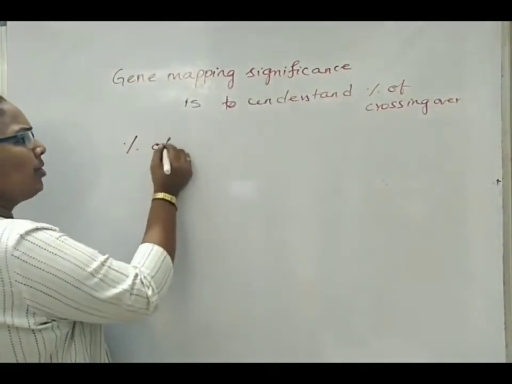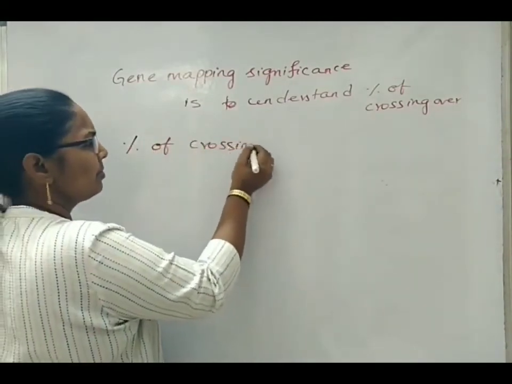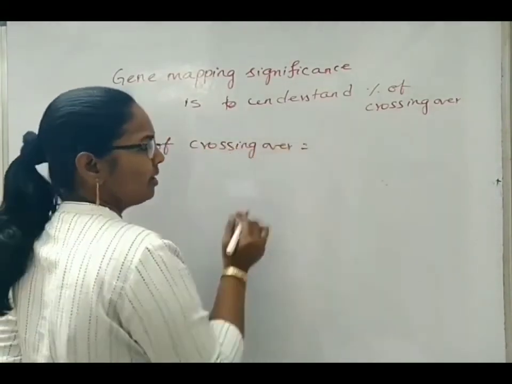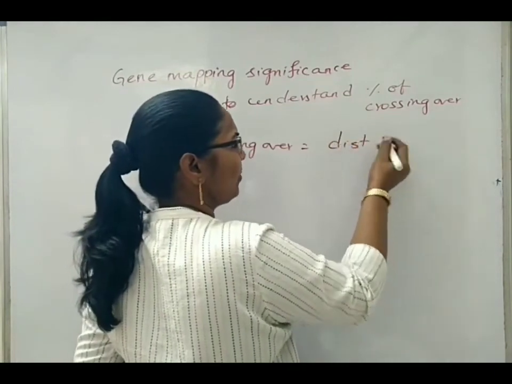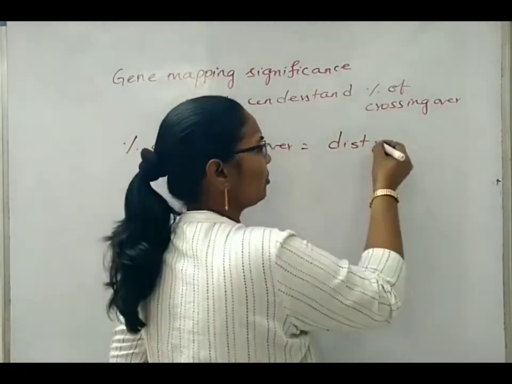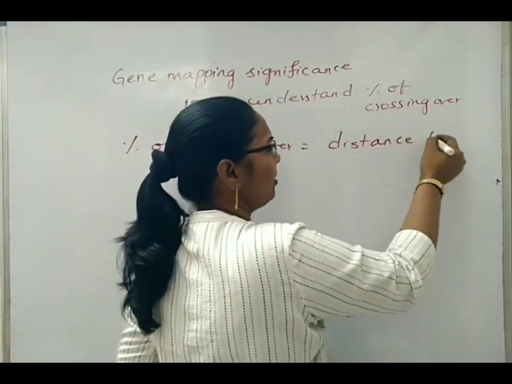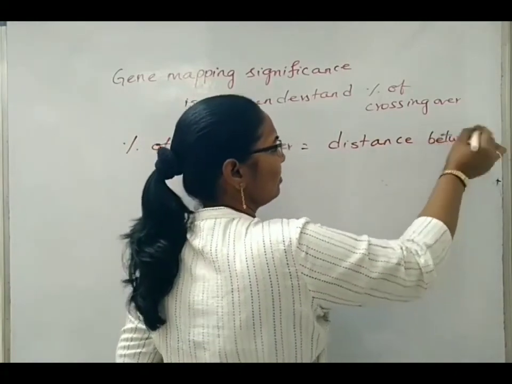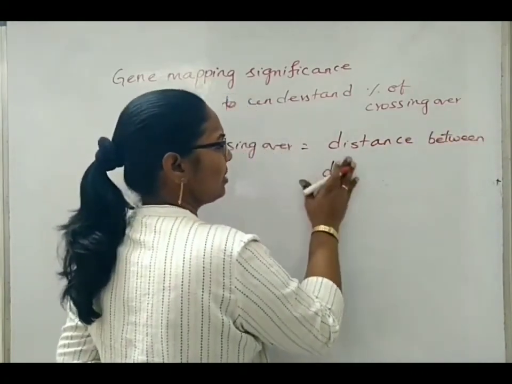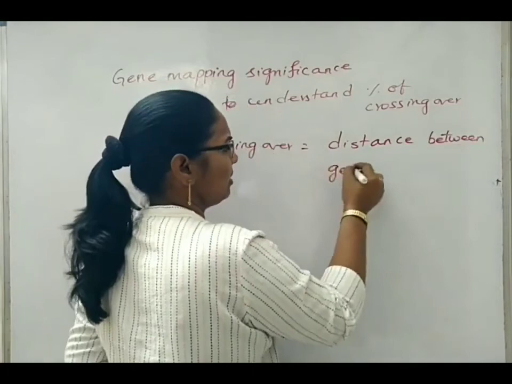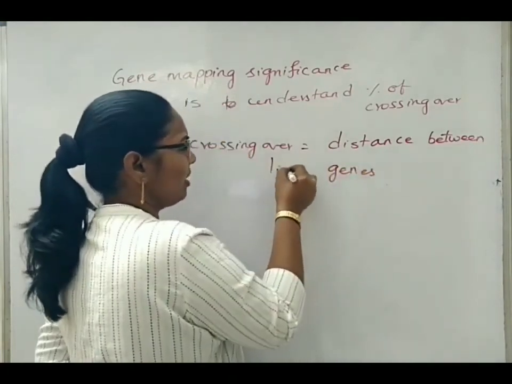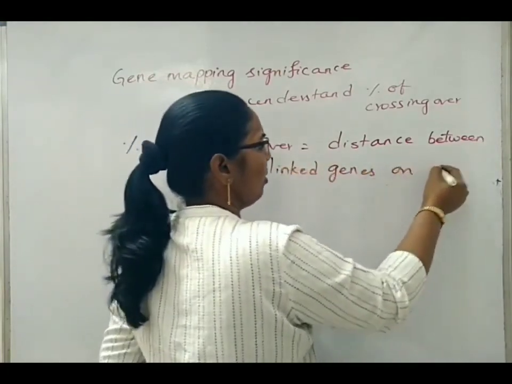The percentage of crossing over depends on the distance between the genes, or we can also say linked genes, on a chromosome.